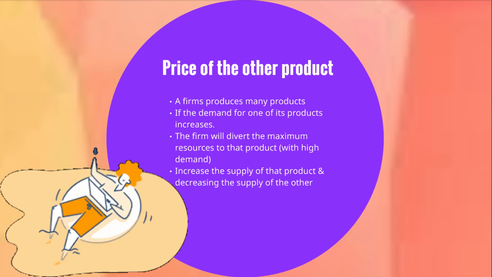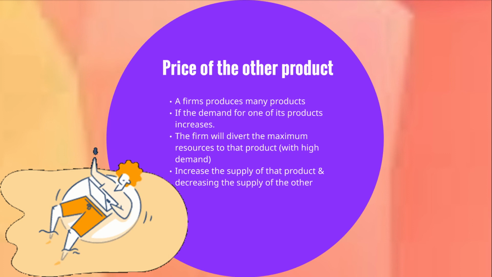Prices of other products. A firm produces many products. For example, say a firm produces air conditioners and blankets. If the demand for one of its products increases, like now it's winter, so the demand for blankets will increase, where will you put all your resources?